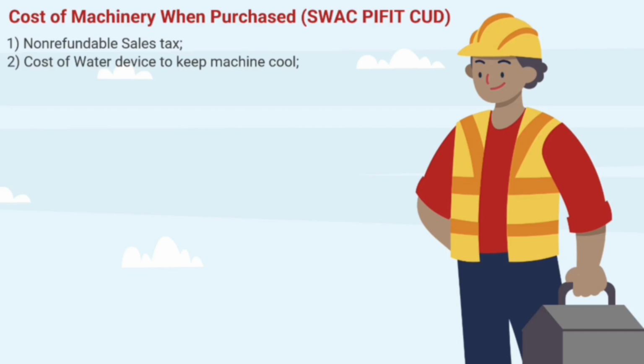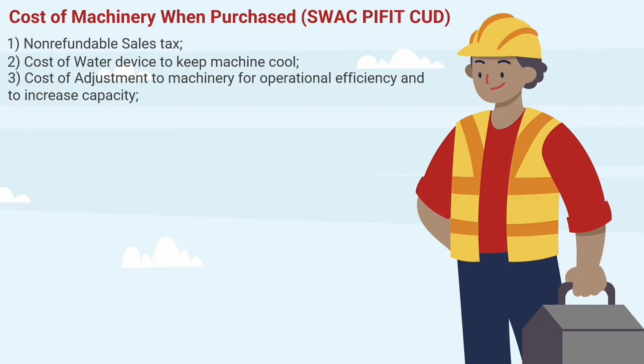This includes the expenses associated with installing and operating a water cooling system to maintain optimal temperature levels for the machinery. Then for third, A, cost of adjustment to machinery for operational efficiency and to increase capacity. These expenses cover any modifications or improvements made to the machinery to enhance its performance and increase its capacity.